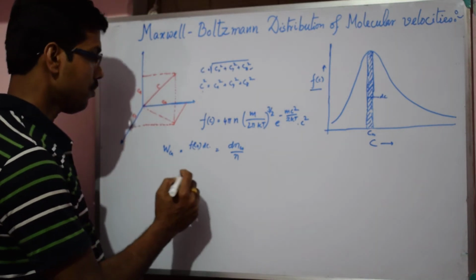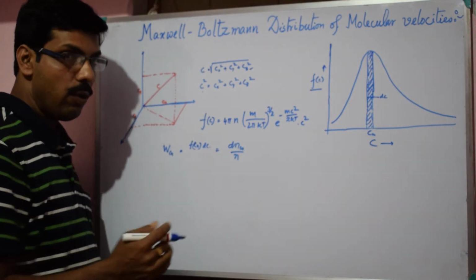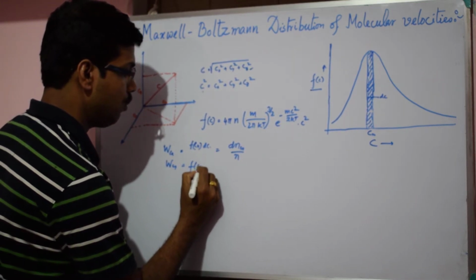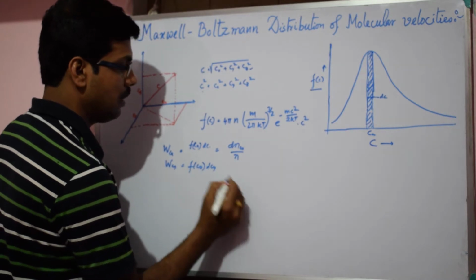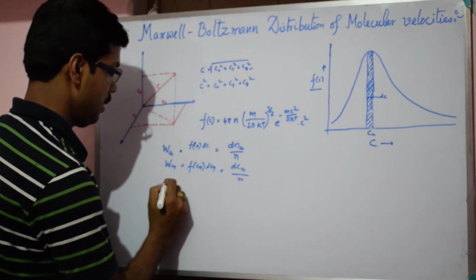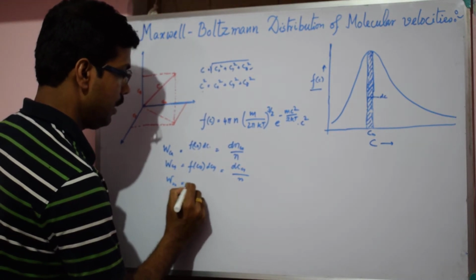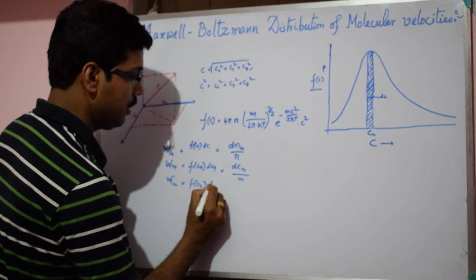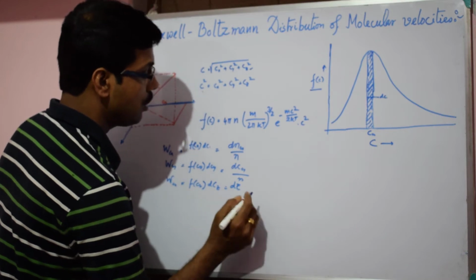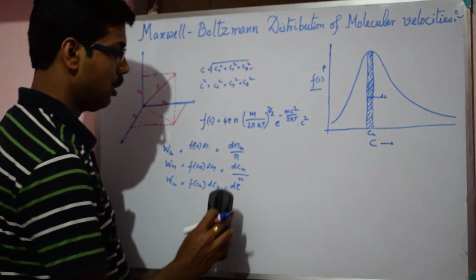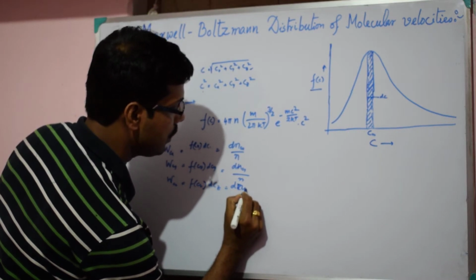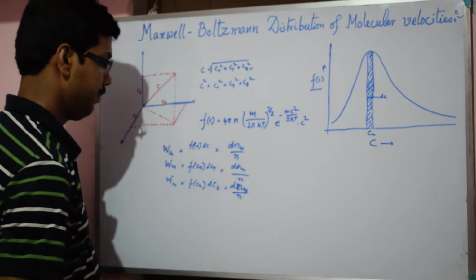Similarly, along the y component, W(Cy) is equal to F(Cy) dCy, which is equal to dN(Cy) by N. Similarly W(Cz) equals F(Cz) dCz, which equals dN(Cz) by N.